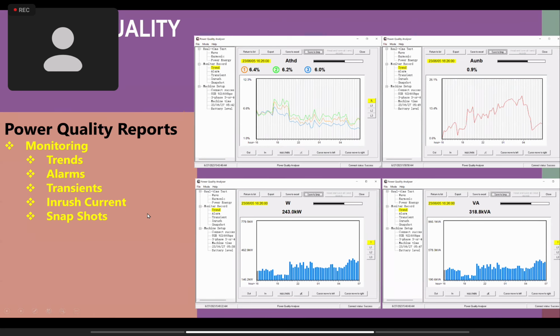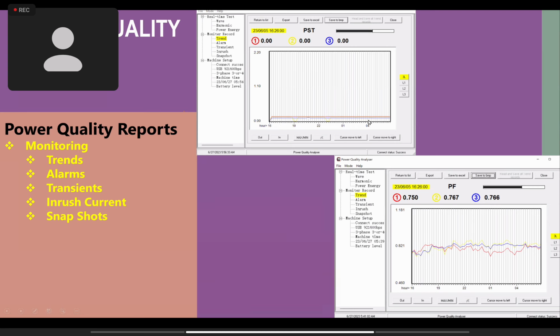Okay. So another thing is that it can register or it can record the flicker. So nakita naman natin yung system na kinabitan natin is medyo maganda yung kanyang performance except for the yellow phase, or that is line 2, no? At saka yung phase B, merong fluctuation konti, flicker.